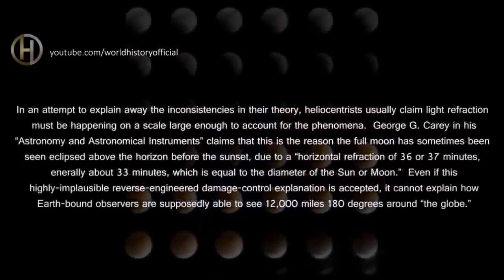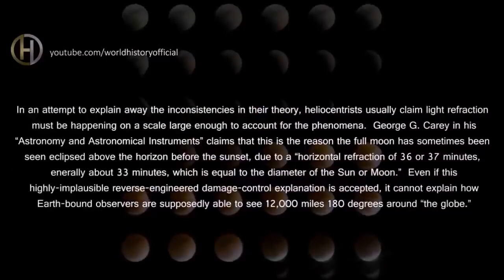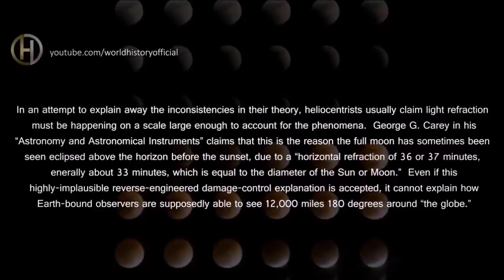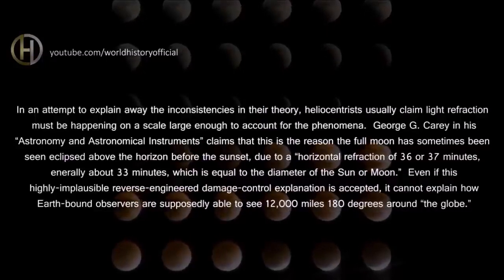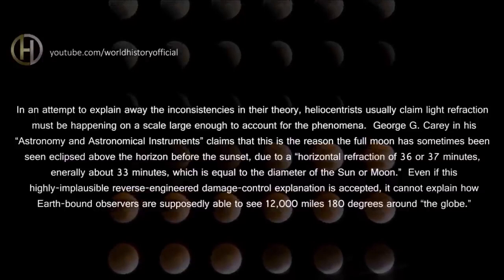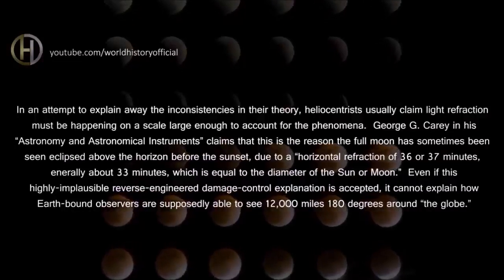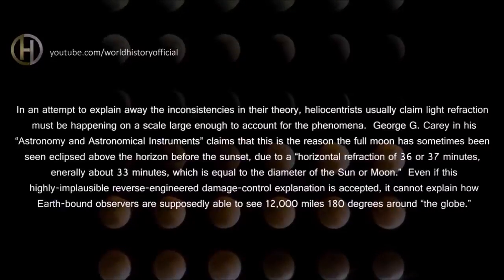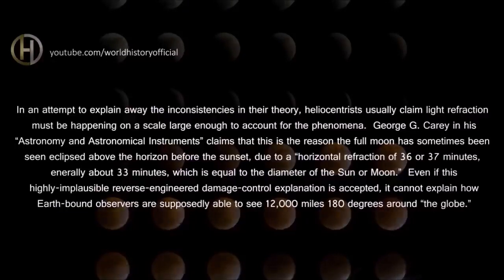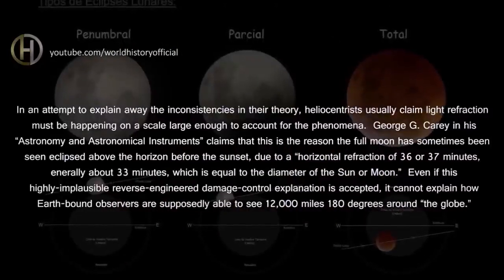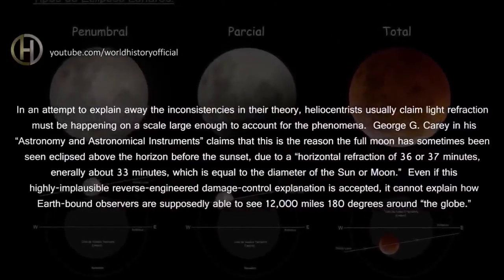In an attempt to explain away the inconsistencies in their theory, heliocentrists usually claim light refraction must be happening on a scale large enough to account for the phenomena. George G. Gary in his Astronomy and Astronomical Instruments claims that this is the reason the full moon has sometimes been seen eclipsed above the horizon before the sunset, due to a horizontal refraction of 36 or 37 minutes, generally about 33 minutes, which is equal to the diameter of the sun or moon.